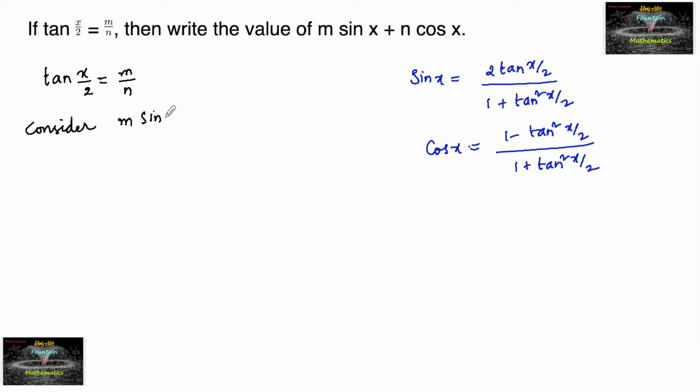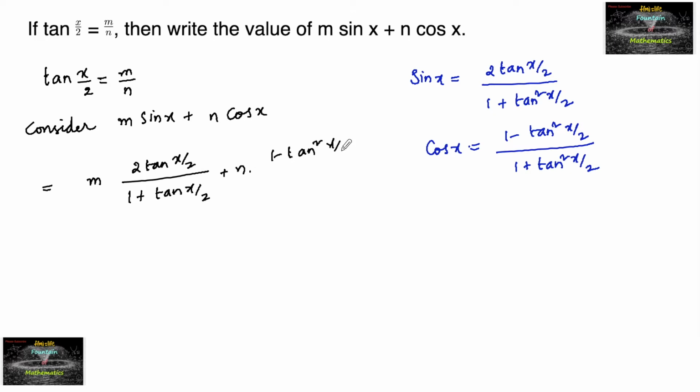Let us consider m times sin x plus n times cos x, which equals m times 2 tan x by 2 upon 1 plus tan square x by 2, plus n times 1 minus tan square x by 2 upon 1 plus tan square x by 2.